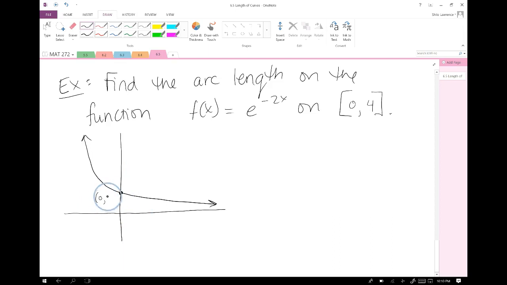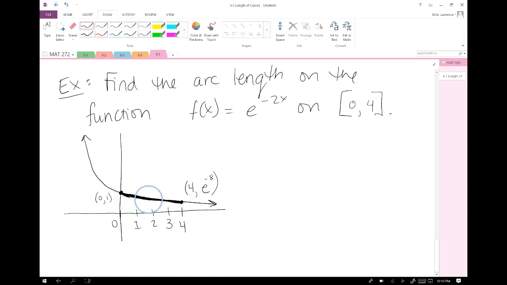It goes through the point (0, 1). That's where our arc is going to start. If you plug in 4, you get e to the negative 8, which is a really small number. So that's what we are calculating.